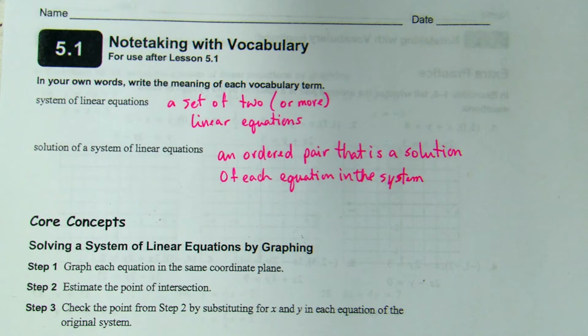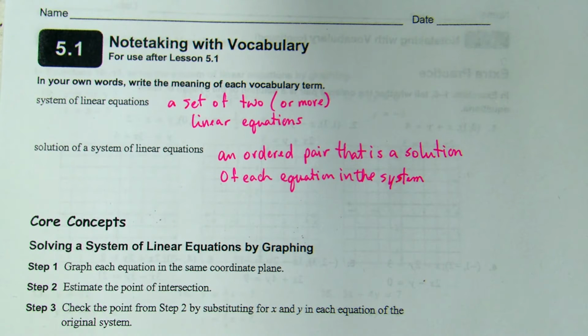It has to be a solution of every equation in the system. In this case, 5.1, we're going to deal with two equations, so it must be a solution for both equations. If it is, then that is a solution of the system of linear equations.